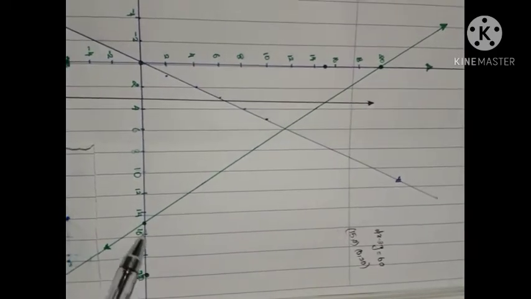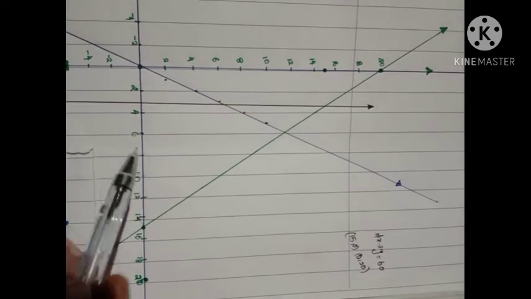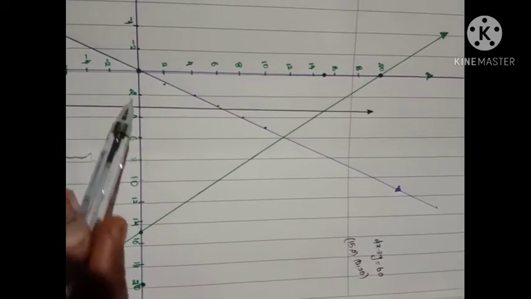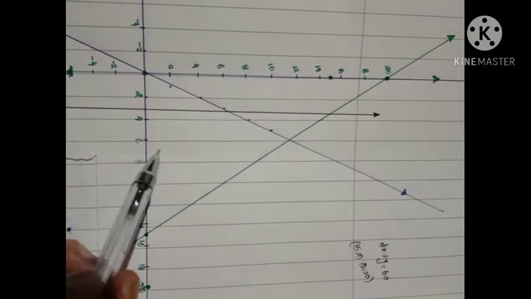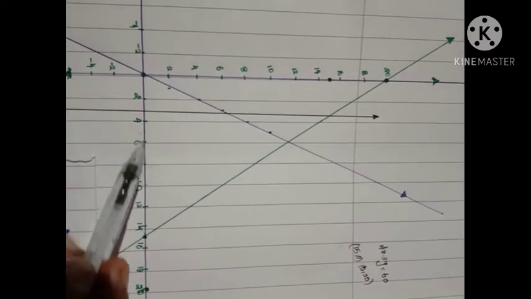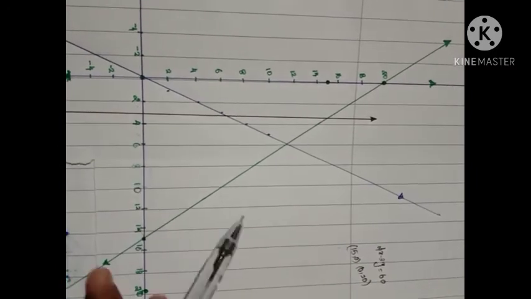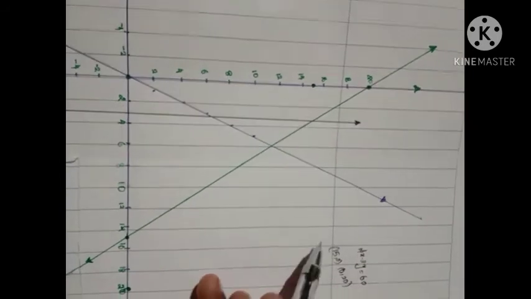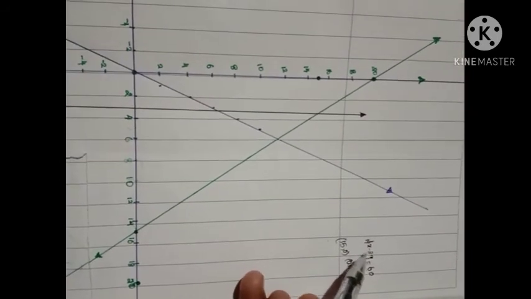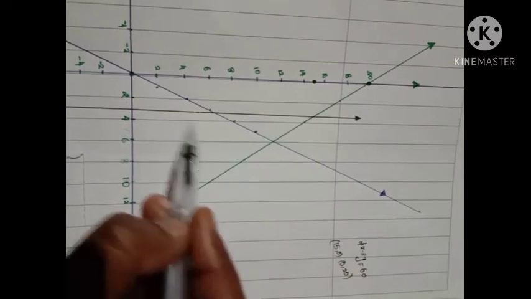So here 15, 0 is in between 14 and 16. And also listen, I here took the points as 2, 4, 6, 8, 10. It's up to you. You can consider 1, 2, 3 up to 20, or 5, 10, 15 up to 20. Likewise. So anyway, I drew the graph of the equation 4x plus 3y is equal to 60.